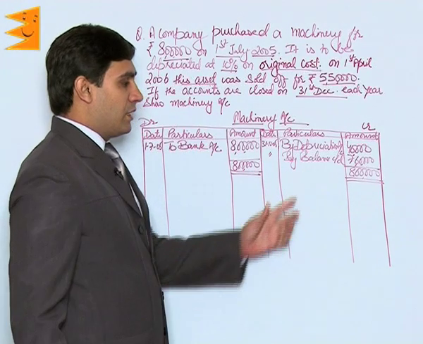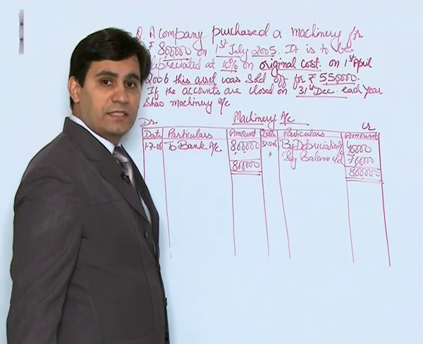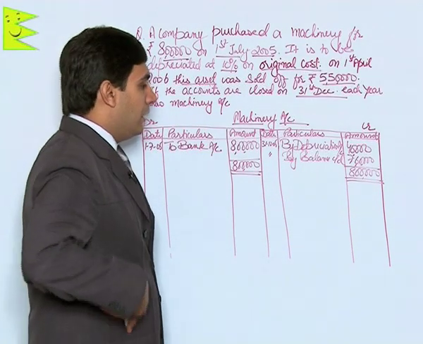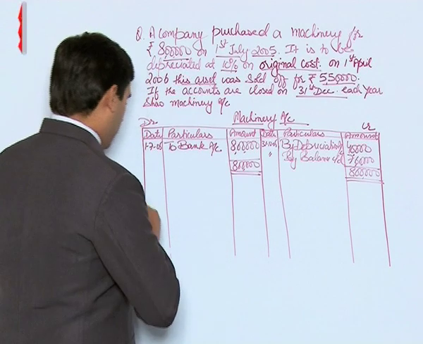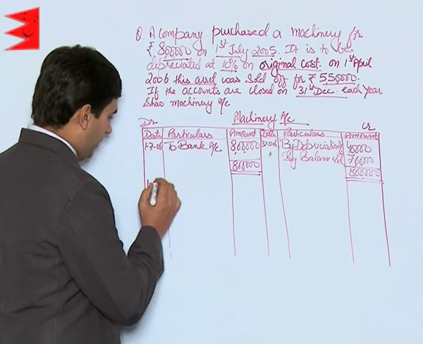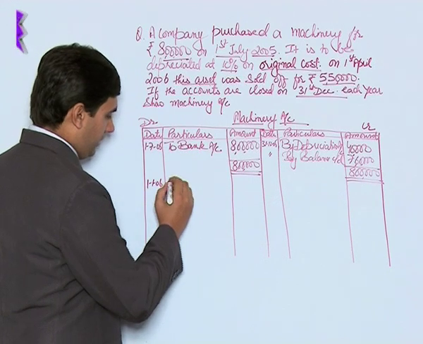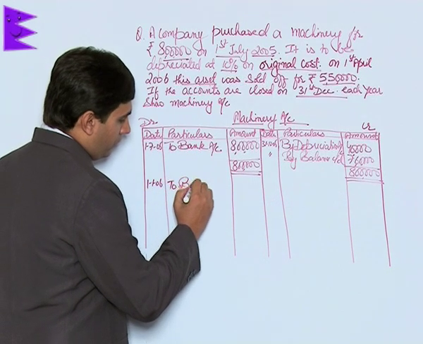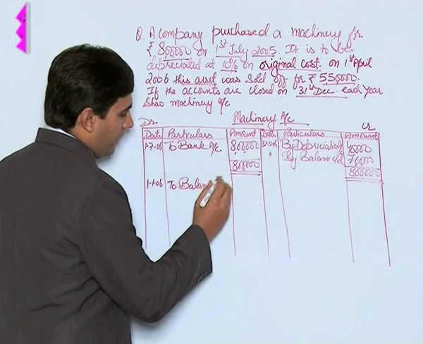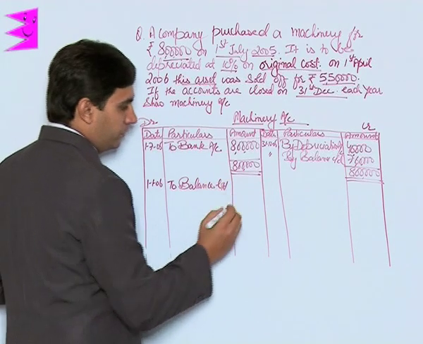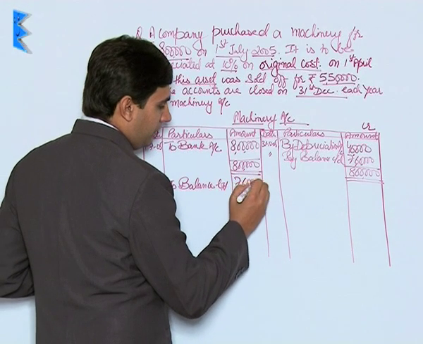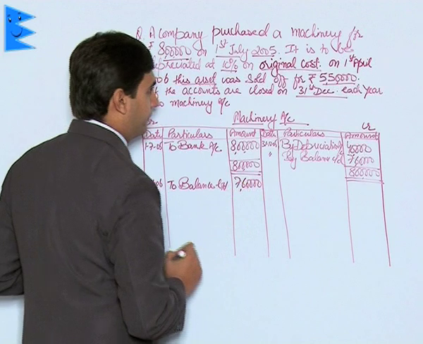So now students, this closing balance of 7,60,000 would be taken as a brought down balance on 1st January 2006, to balance brought down 7,60,000.